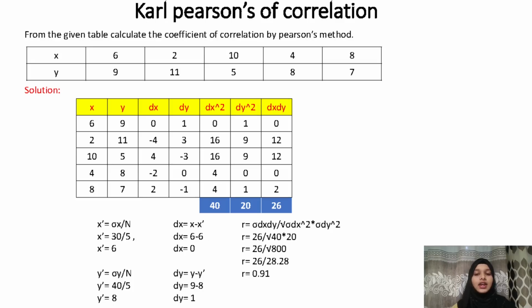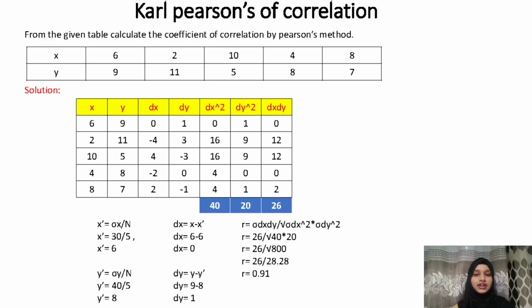How can we find it? Here, dx into dy is 0, the sum of this data: 0 plus 12 plus 12 plus 0 plus 12, and put here sigma dx into dy is equal to 26. Then we can add dx square and dy square.